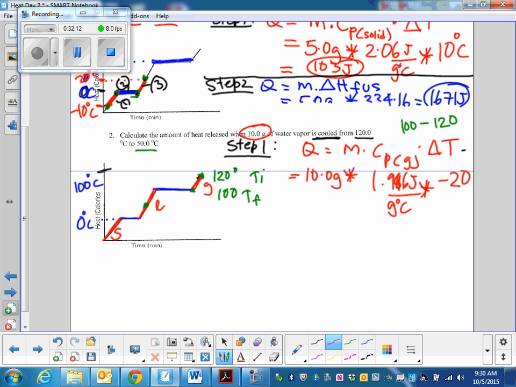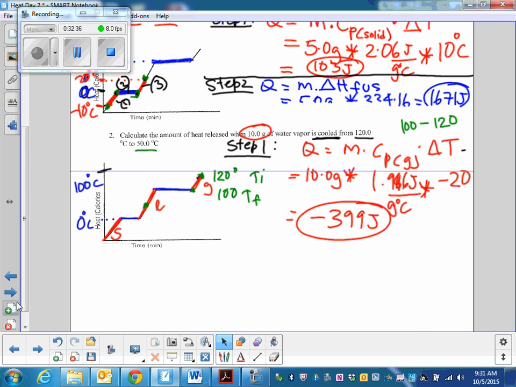Therefore, my math is 10 times 1.996 times negative 20 equals minus 399 joules. It's a negative number. Are we good? Step 2.